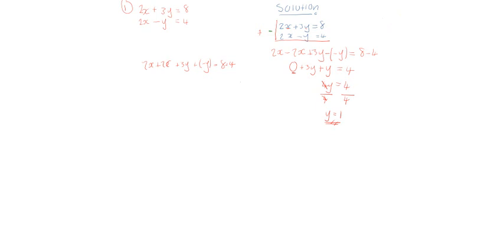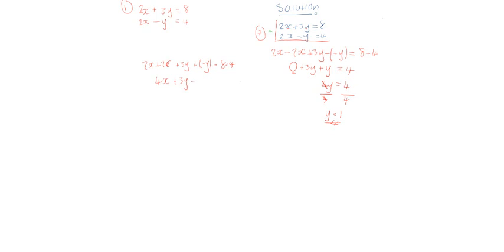Now, suppose someone used a positive. Let us see the answer. So what is 2x plus 2x? Yes, 4x. Okay. And then I'm having my 3y here. What is positive multiplied by negative? Yes, it's negative.